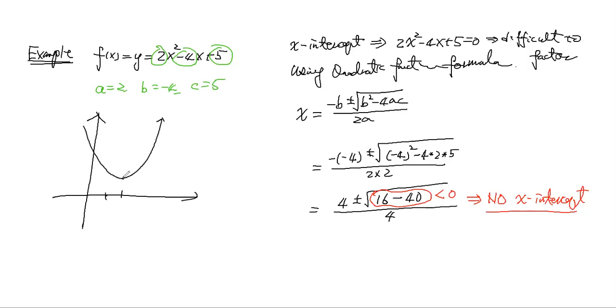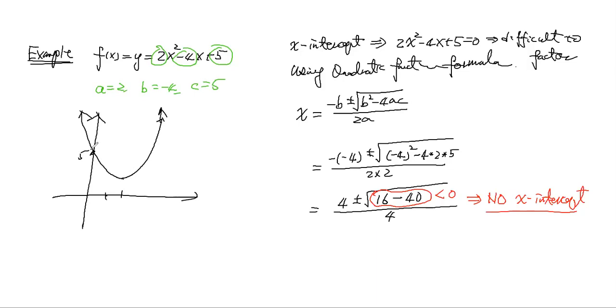So my graph is going to go like this. It will not touch the x-axis, right? So that's why there's no x-intercept. And we do have a y-intercept here, which is 5, right? So here's the 5. So that's what it means.